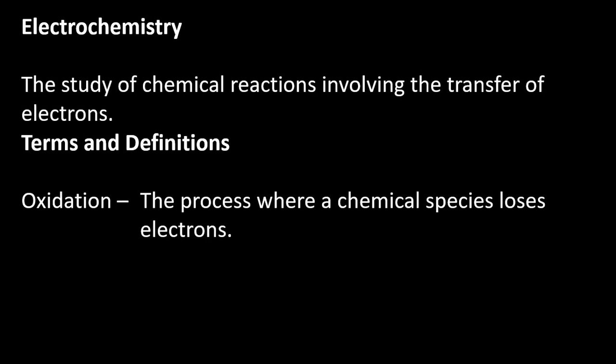And although in some cases oxidation generally refers to an attachment of oxygen to something, in electrochemistry it has a different connotation. It's actually the process where a chemical species loses electrons.